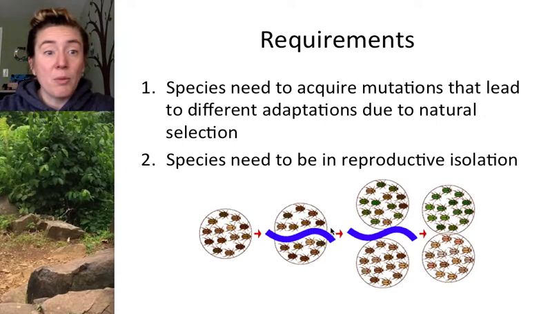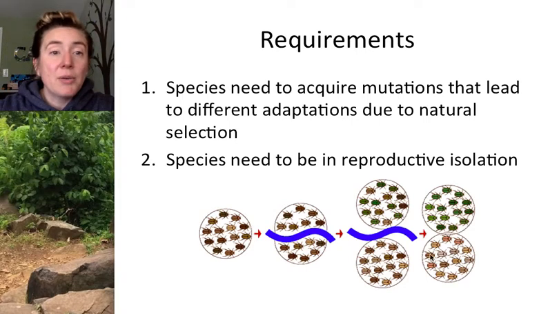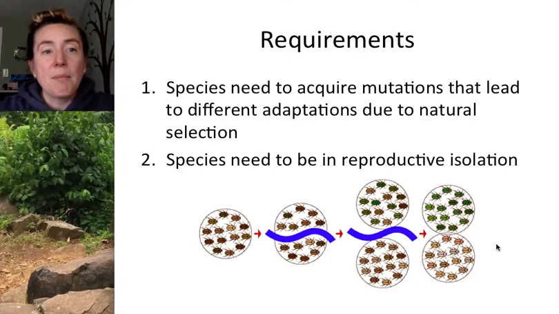There's a stream in the middle. So these two populations of beetles are not going to be able to interbreed and continue to pass on those mutations in that gene pool or that population. And then over time, you're going to, again, build up those mutations, build up those differences, different adaptations, and if they were to get put back into the same environment, reproductive isolation still holds, where they're not going to be able to mate because they are so different that they cannot mate to produce viable, fertile offspring.